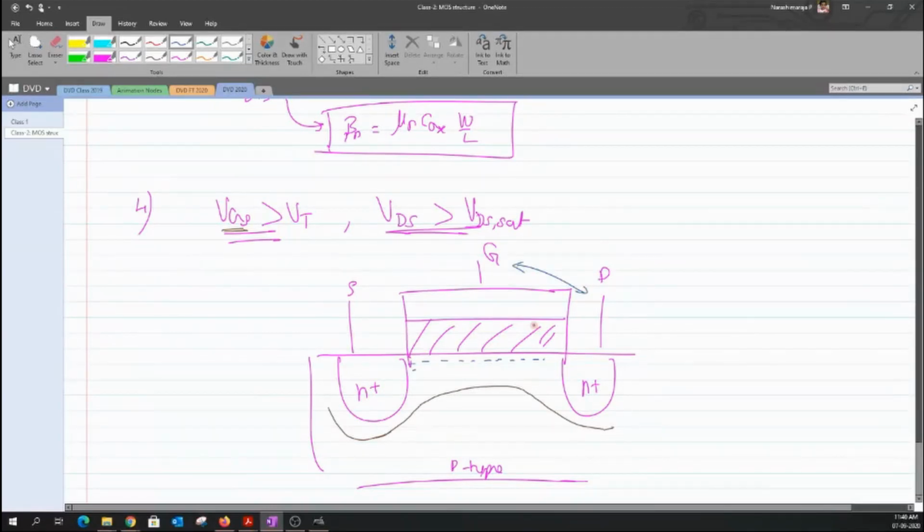So we will not have enough voltage difference between the gate and the drain in order to create a channel.